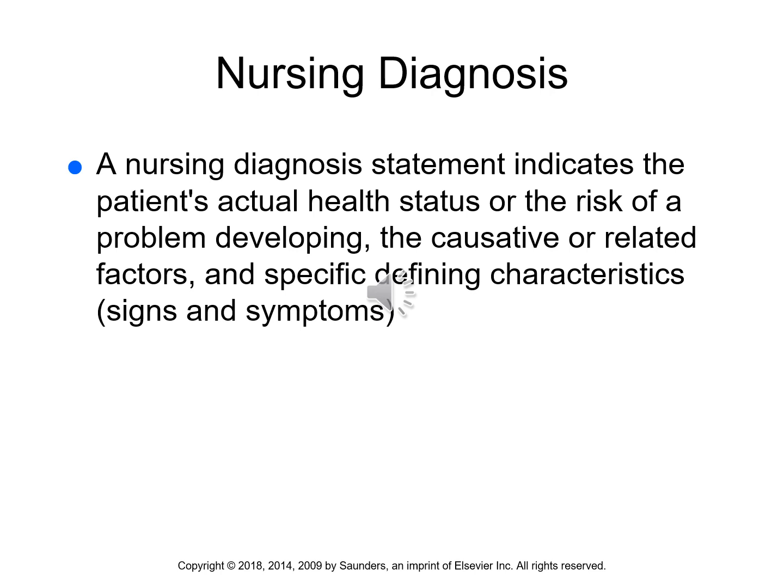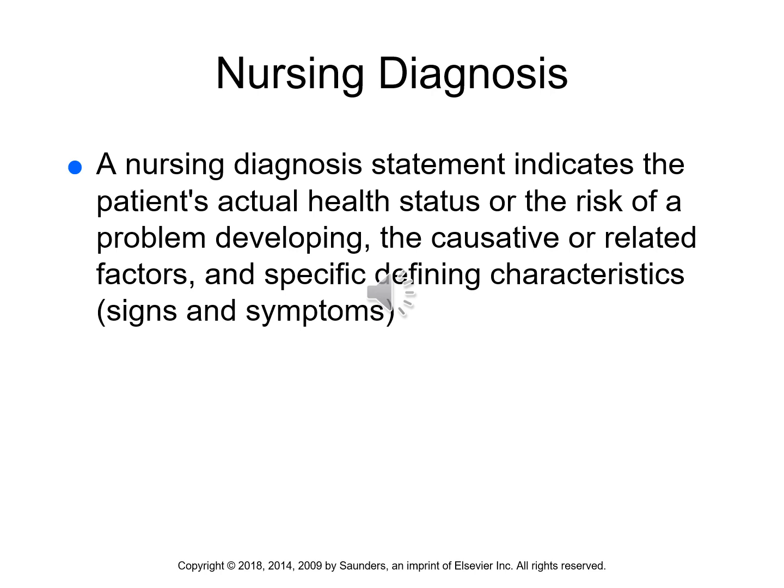In this problem focus, you're always going to have what the issue is related to. The related to section is the cause of the problem. So anxiety related to situational crisis and stress: situational crisis and stress is the cause of the problem, right?